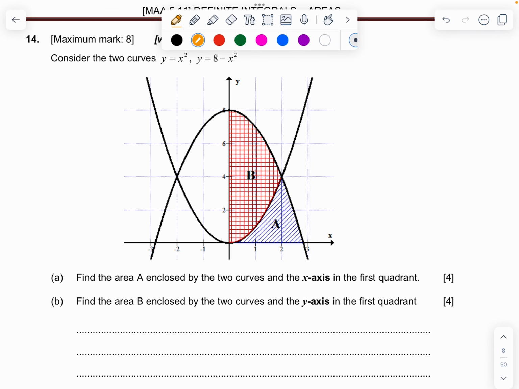Now question number 14. Consider two curves, y equals x square and y equals 8 minus x square.